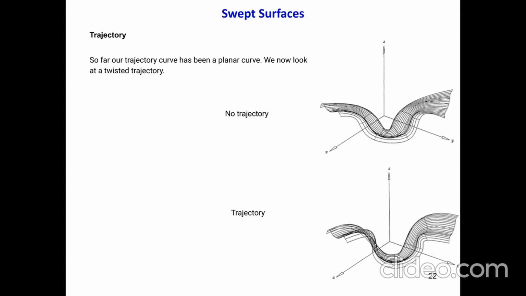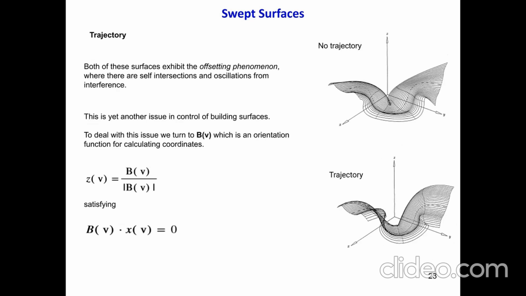You see the trajectory definitely follows a path. When twisting and rotating surfaces with trajectories, they can exhibit this offsetting phenomenon where there are oscillations, self-intersections, interference from the points themselves that are generating the surface.